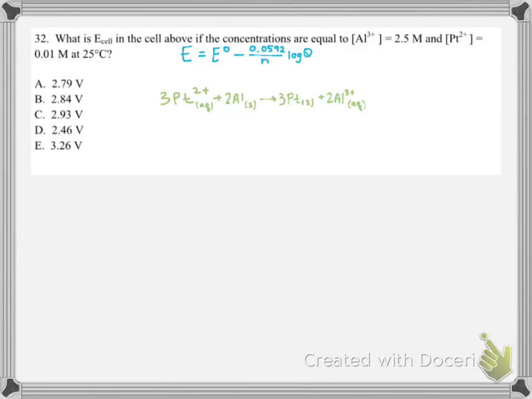Question 32 is a follow-up to question 31, where now we use that same cell from the previous problem, but we're not under standard conditions. So just as a reminder, the E naught cell that we calculated in the previous problem is equal to 2.86 volts.